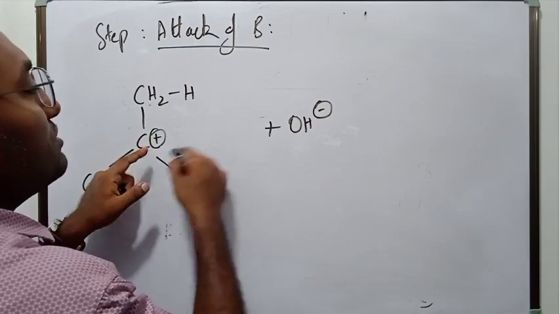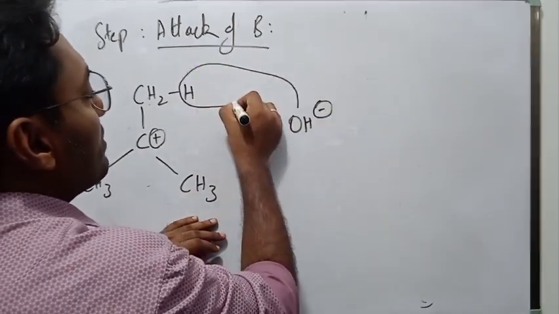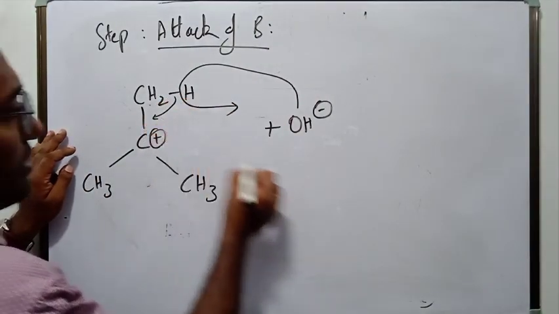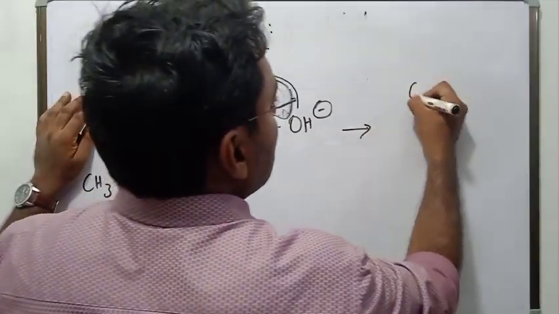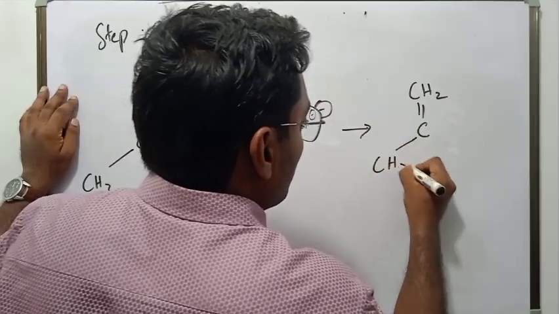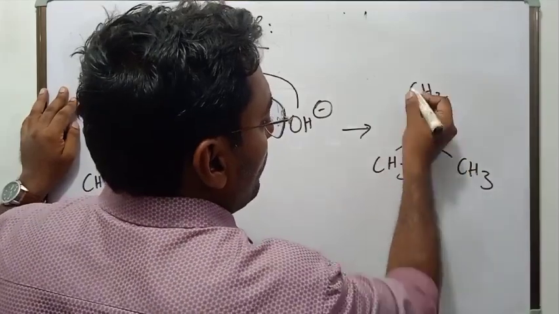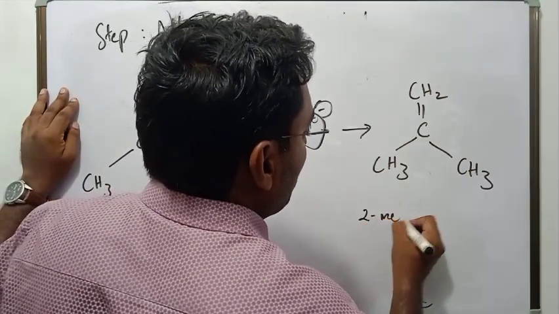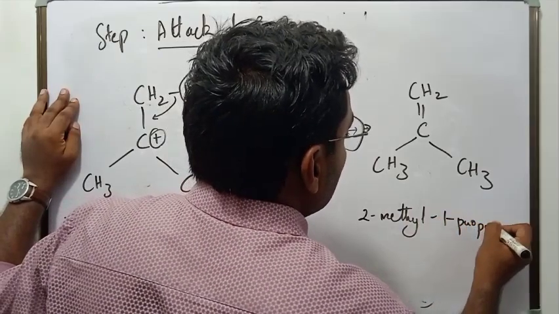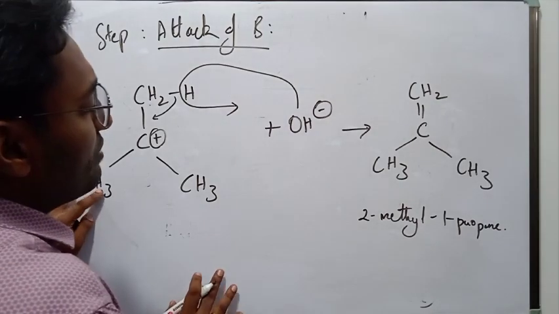In such a case, the OH minus may knock out the proton here, and this pair of electrons would come here. So now what we get is 2-methyl-1-propene. Dear students, this wraps up our E1 reaction also.